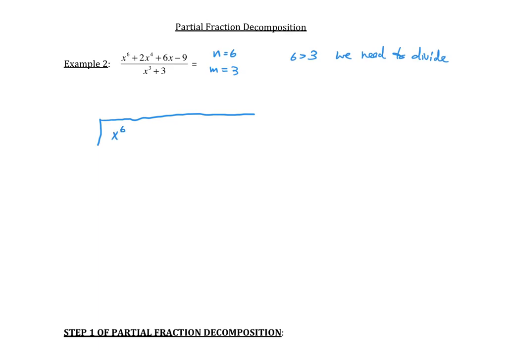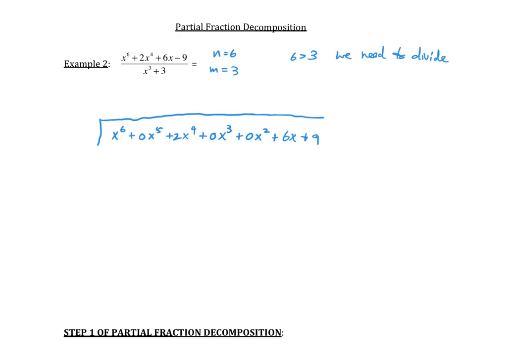So I have x to the 6th plus 0 times x to the 5th plus 2 times x to the 4th plus 0 times x cubed plus 0 times x squared plus 6x plus 9. This example is a little bit ridiculous because I wanted to prove a point. The point is, you got to fill in these missing terms with 0 coefficients.